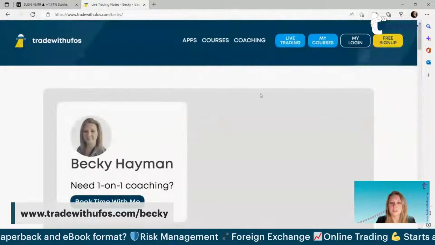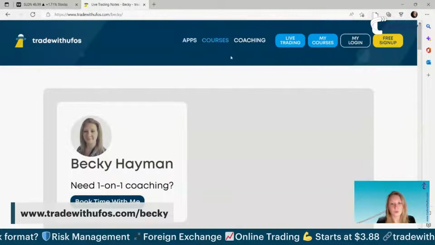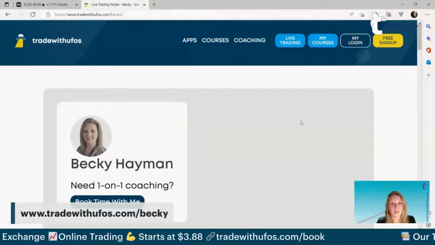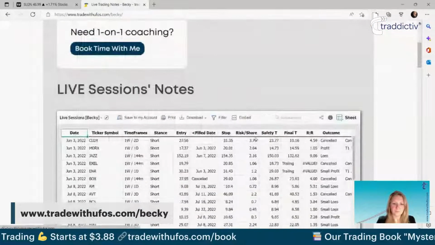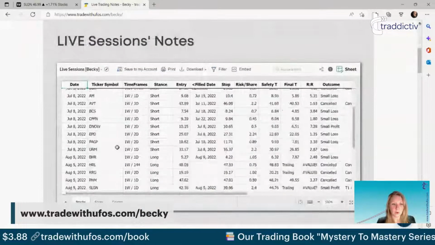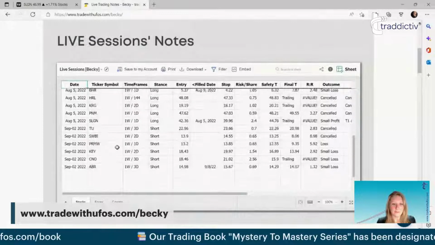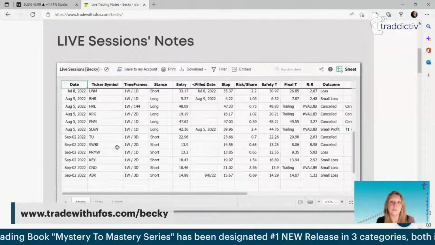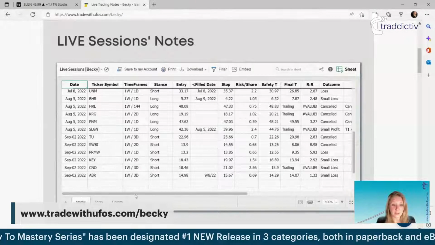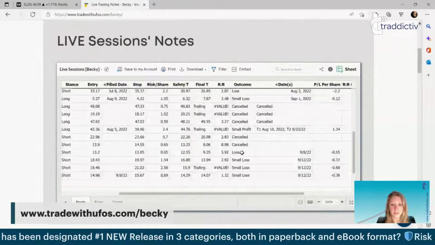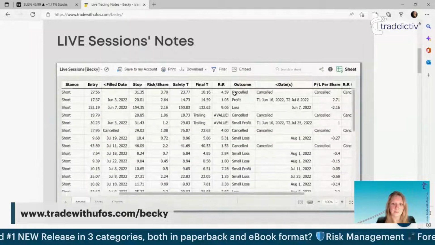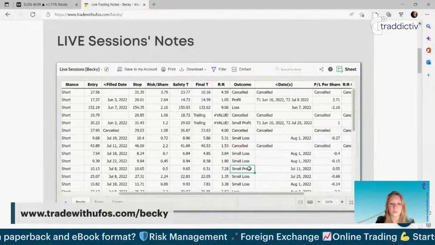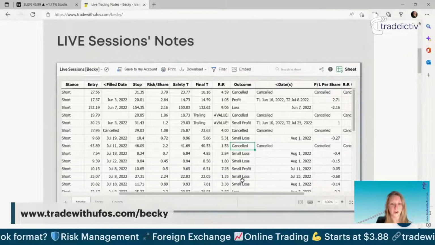From here, you can check out apps, courses, coaching, one-on-one coaching, different login areas, depending on what you have. If you scroll down, we'll be using this quite a bit today. For me, in the Becky link, this is where I log all of my session notes. So all of the trades that we place in our stock sessions, you'll see them here and you'll be able to track profits, losses, why a small profit, why a small loss, why cancelled.